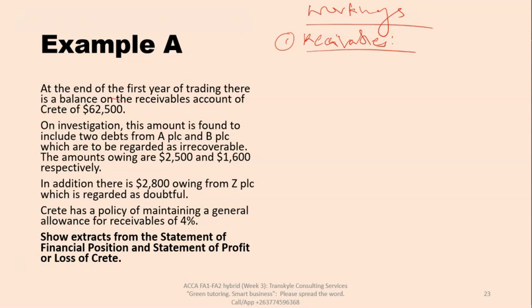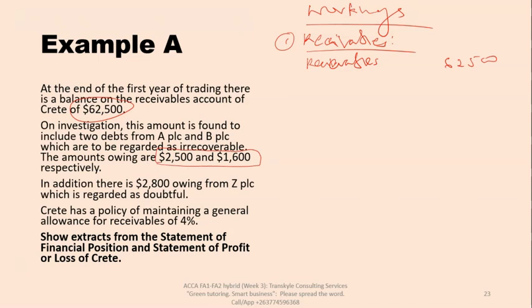We're given this total figure, receivable, 62,500. But we have to deduct these ones which have already been considered irrecoverable.